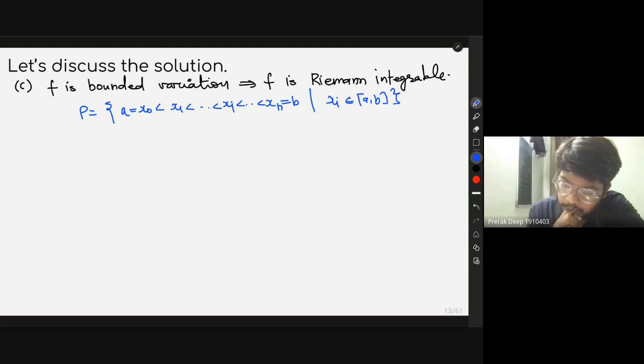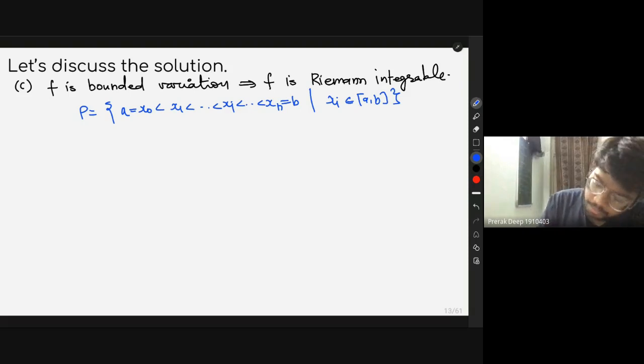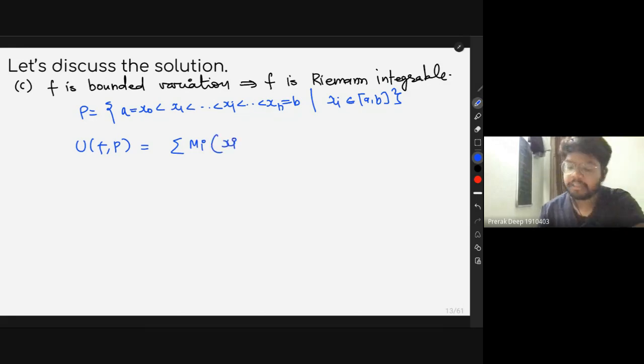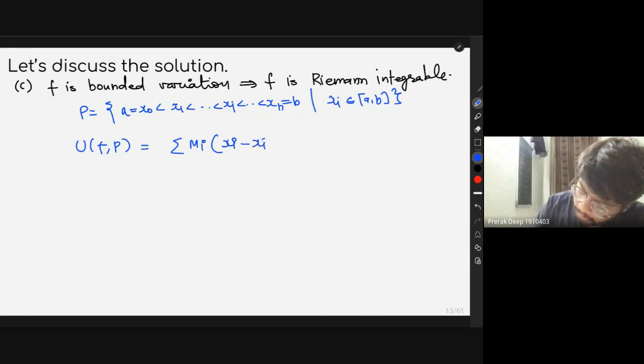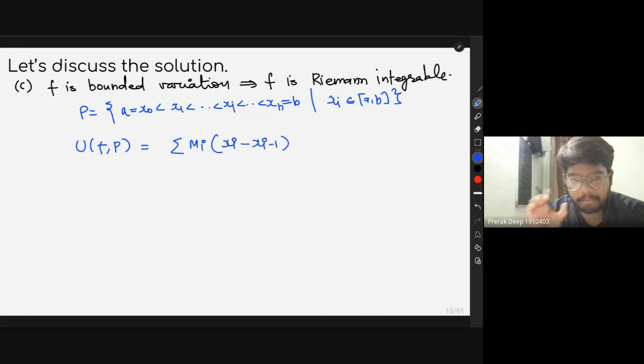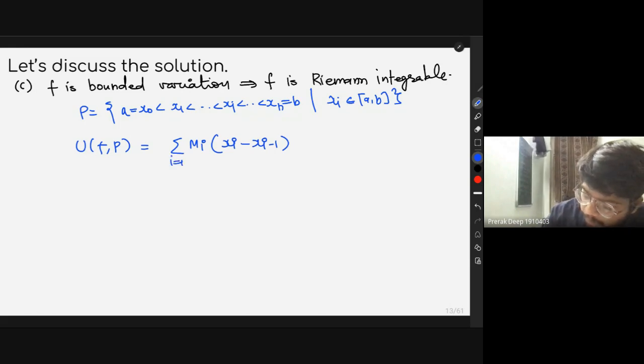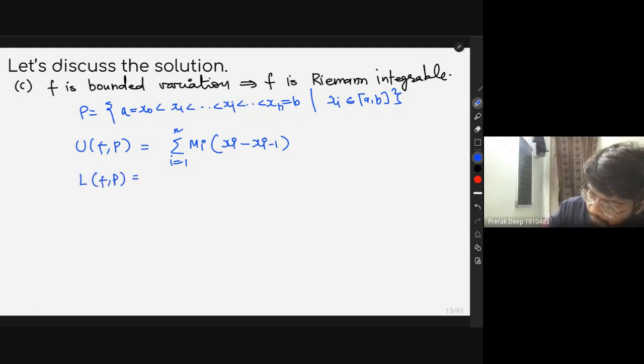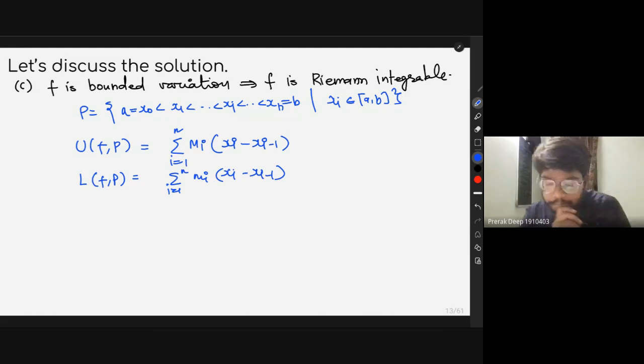Now the upper sum U(f, P) takes the maximum of the function in each subinterval times the length of the subinterval, for i from 1 to n. Similarly, the lower sum takes the minimum, and the length is the same, for i from 1 to n.